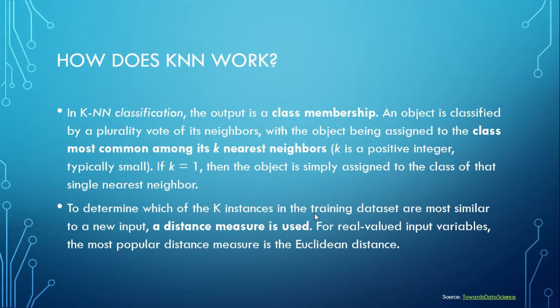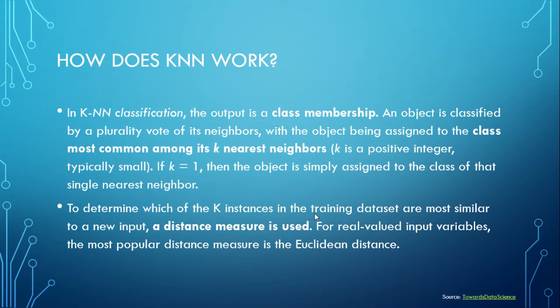The distance is also determined by using various distance algorithms. The most popular is the Euclidean distance, but we will also be discussing Manhattan distance and Hamming distance. So what the algorithm does is it calculates the distance between various points and sees which of the distances is nearest to a specific neighbor.